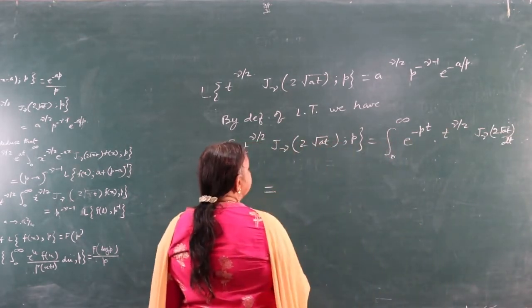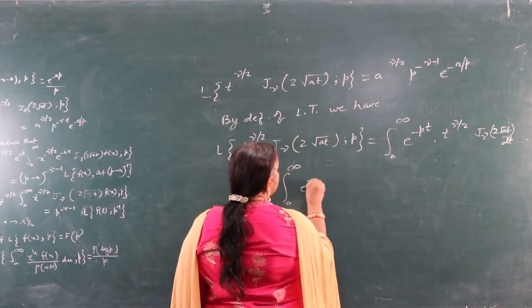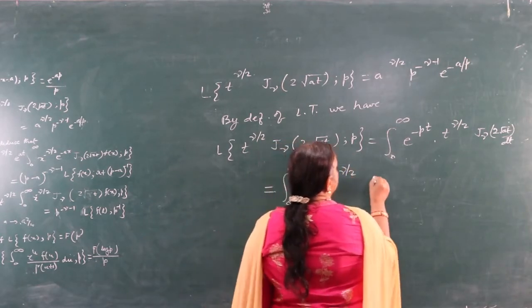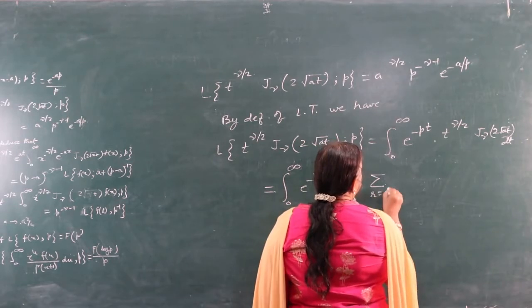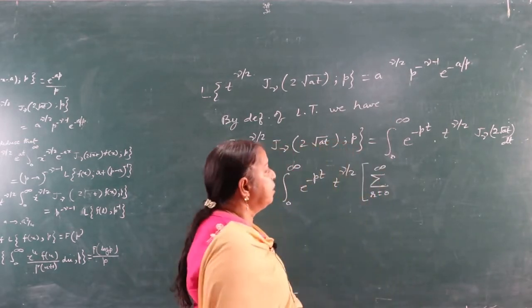This is equal to integral 0 to infinity e raised to minus pt t raised to power nu by 2, by the definition of Bessel function.